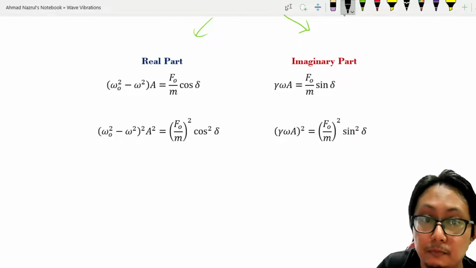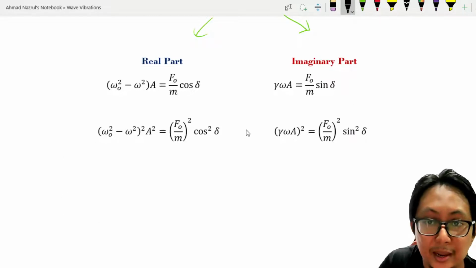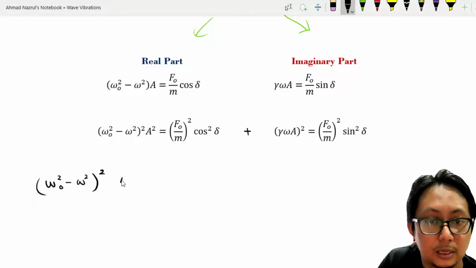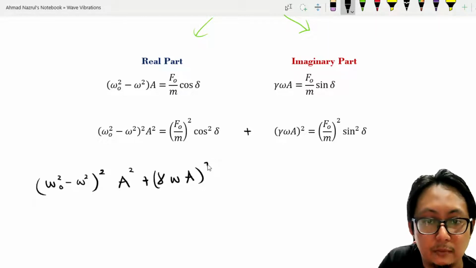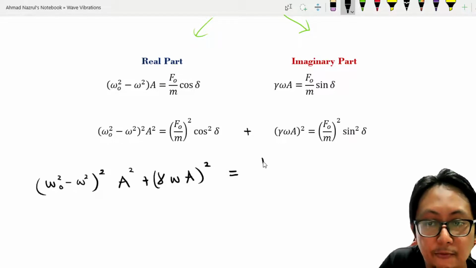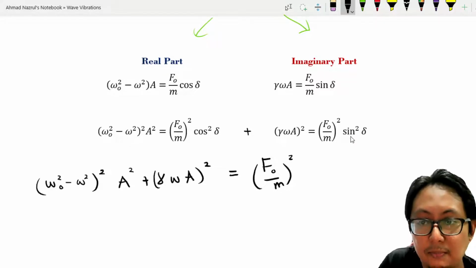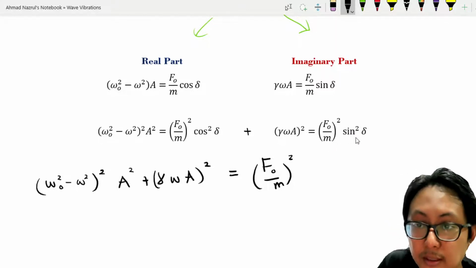What do we have here? We add both equations, so we have omega naught square minus omega square, times A, squared, plus gamma omega A, squared, equal to f naught over m squared cos square delta plus f naught over m squared sine square delta.